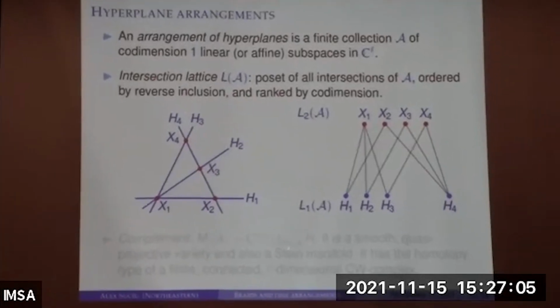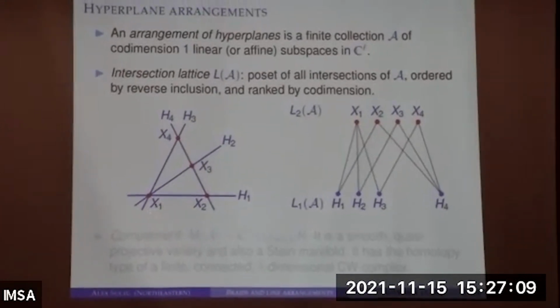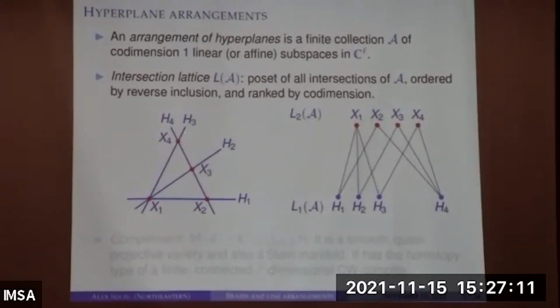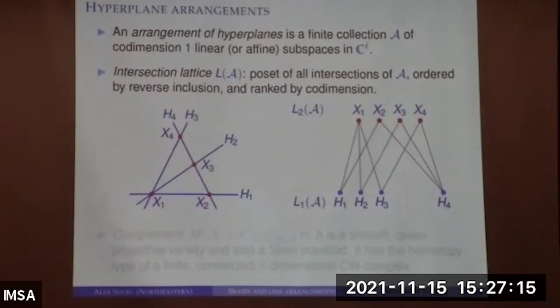So, for example, this is an affine arrangement. Lines in the plane. So the lines are H1, H2, H3, H4, 4 lines, and there are four multiple points, X1, X2, X3, X4. So these are the flats. This is the rank 2 flats. So on the left side is the geometric picture, and here is the combinatorial picture, the incidence diagram.